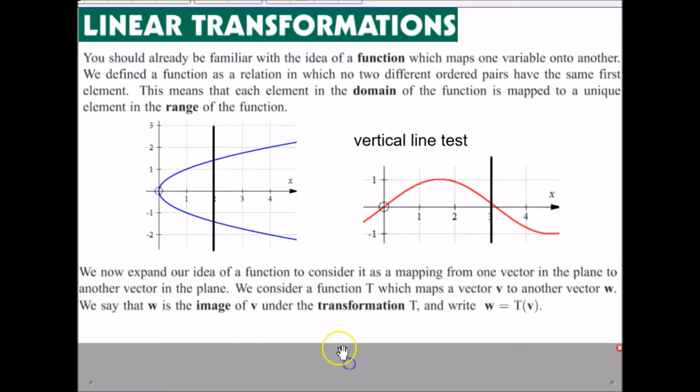Now in terms of vectors, we consider a function whereby we map one vector onto another using some transformation. So here w is the image of vector v, and we are transforming it using some method T. So w is equal to some transformation of vector v.